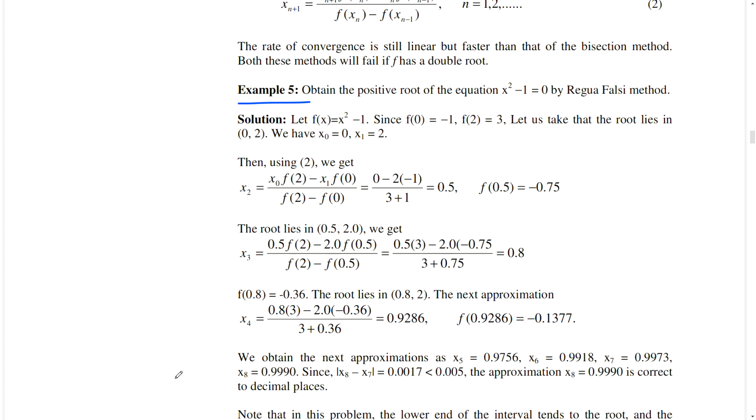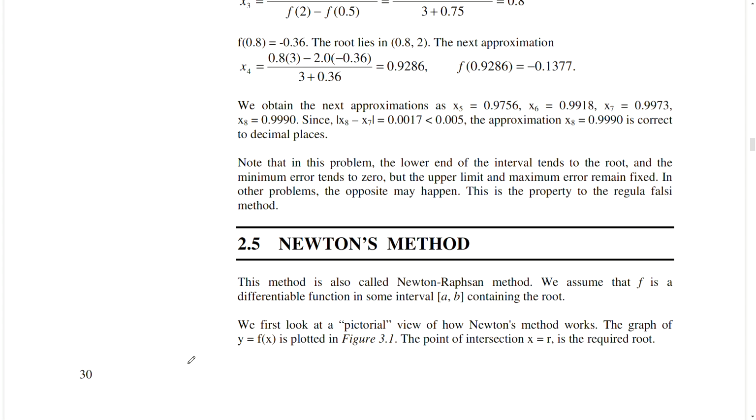Since mod of x8 minus x7 equal to 0.0017, which is less than 0.005, the approximation x8 equal to 0.9990 is correct to two decimal places. Note that in this problem, the lower end of the interval tends to the root and the minimum error tends to 0, but the upper limit and maximum error remain fixed. In other problems, the opposite may happen. This is the property of the regula falsi method.